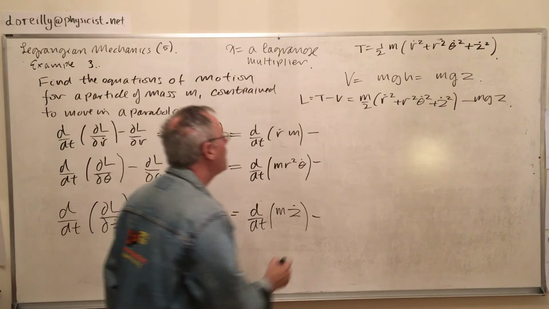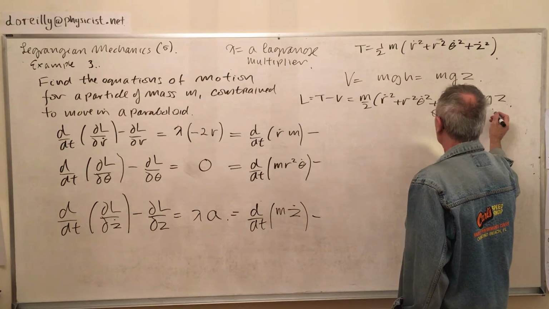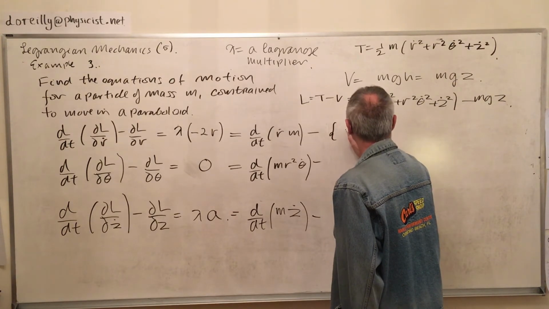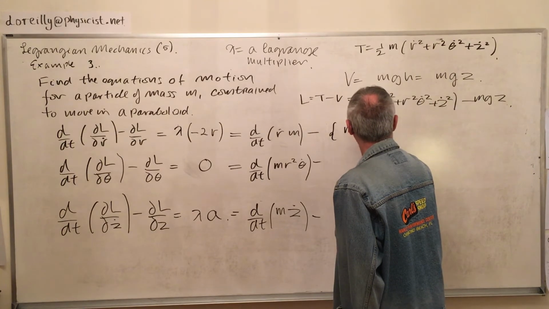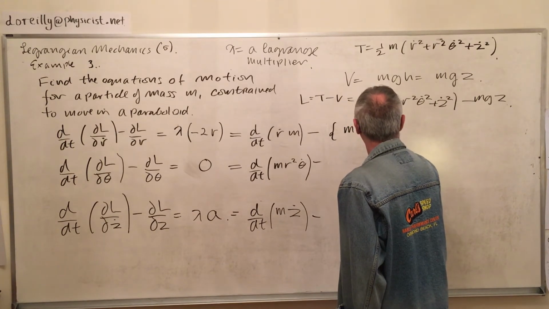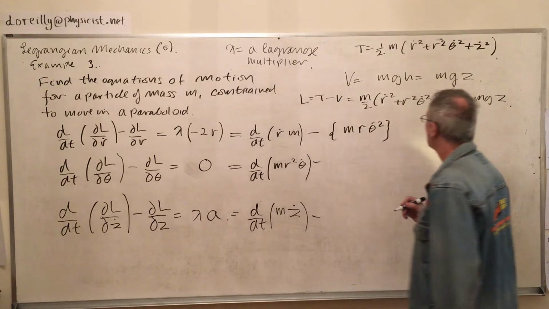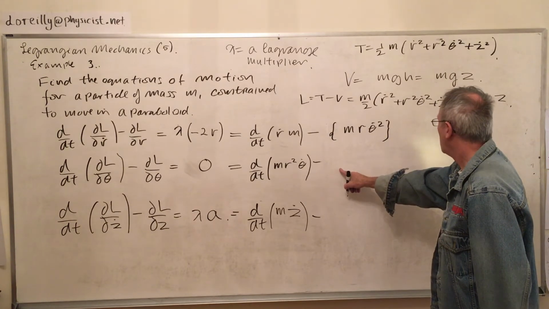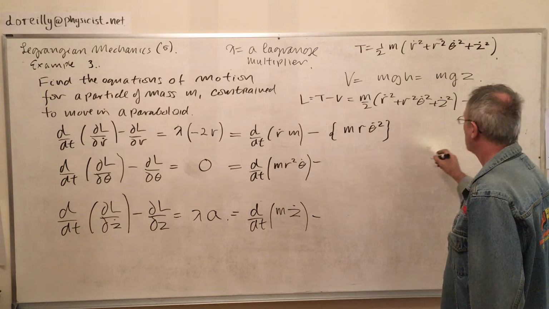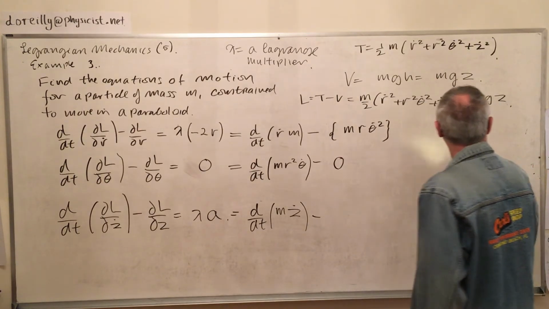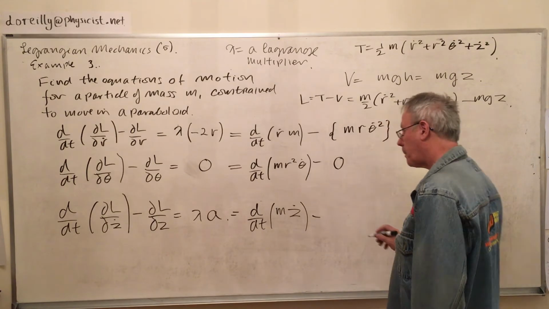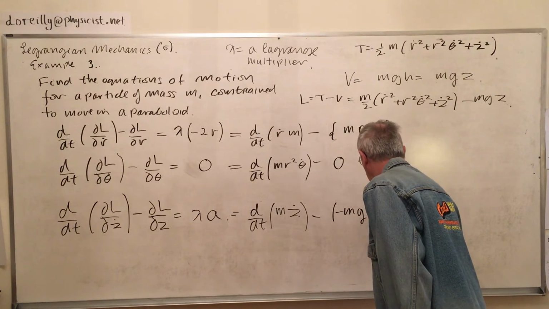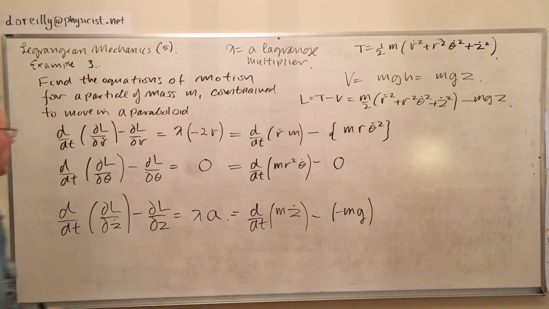Minus dL by dr. Okay, minus dL by dr is going to be this one here. Okay, minus dL by d theta. Where is that going to be? Nothing. Minus dL by dz. Just minus mg. Okay? So now we have the three equations.